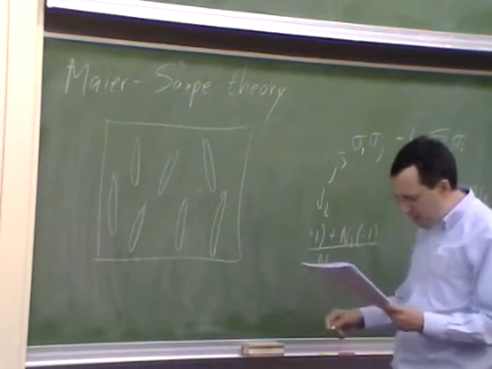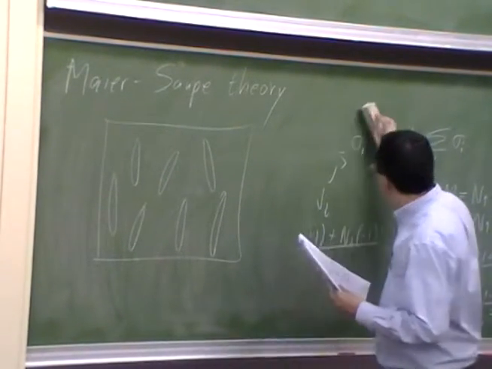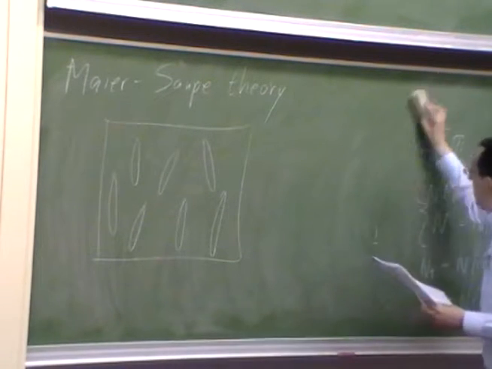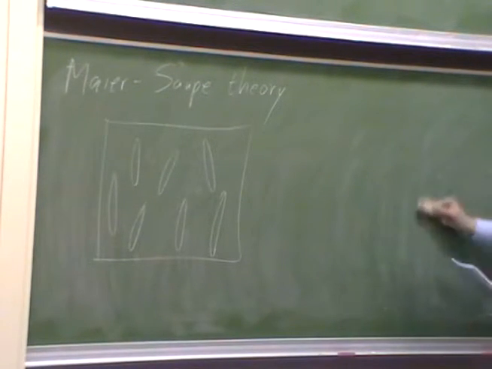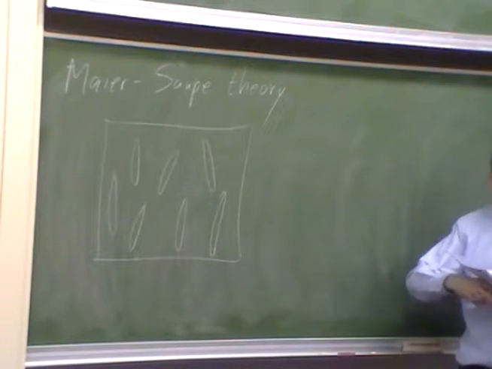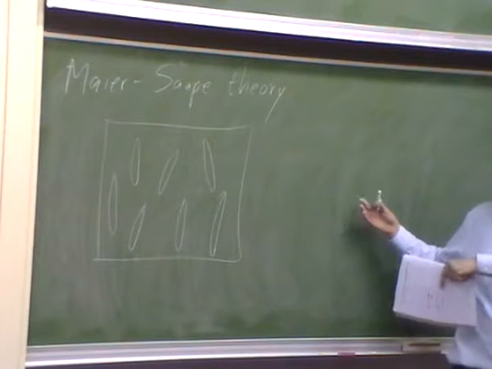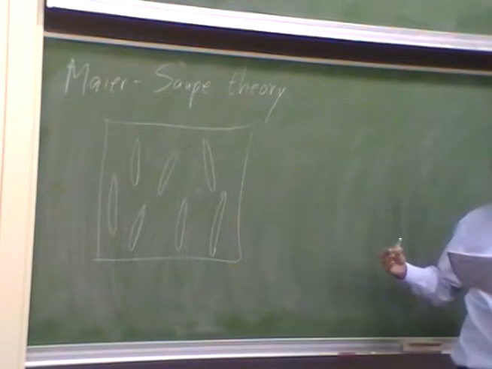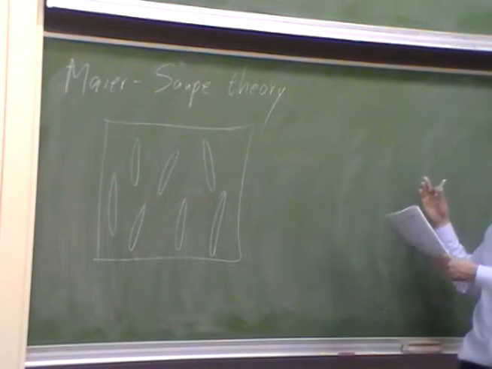Hopefully you remember. The whole point of our calculation is to figure out the free energy as a function of that nematic order tensor, to see whether the minimum is when that tensor equals 0 or not 0.